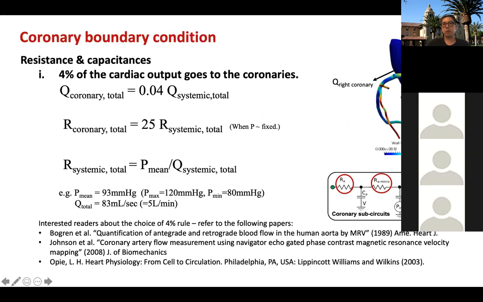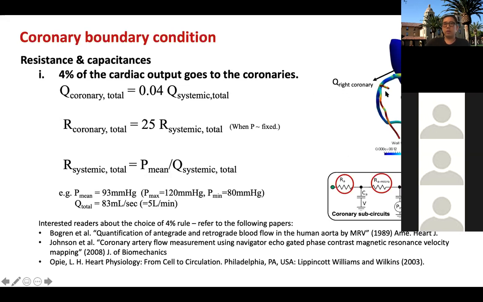The sum of the coronary artery flows, both in the left and right coronaries, is only 4% of the total systemic flow. There is clinical evidence measured by magnetic resonance imaging that this 4% is sort of correct.